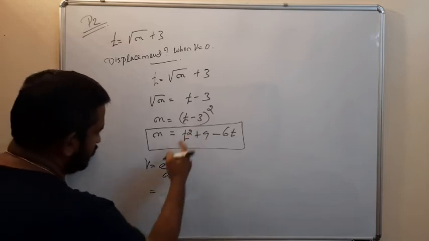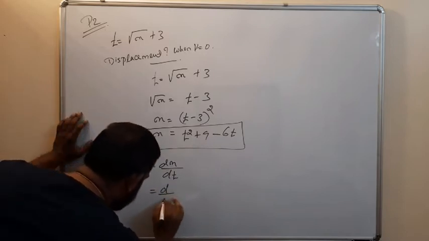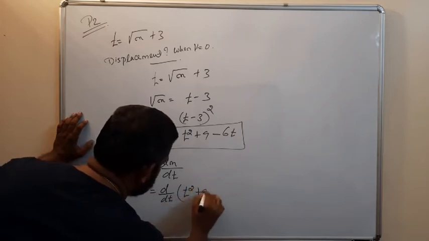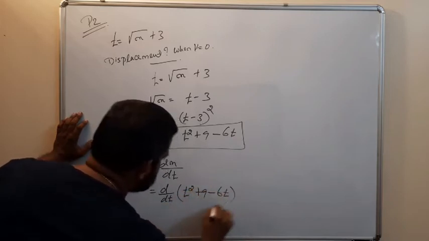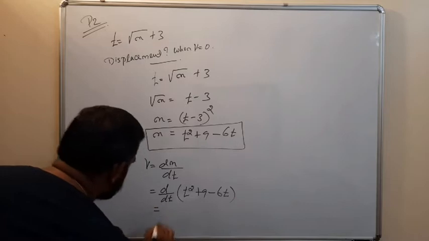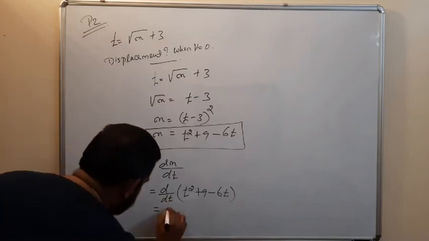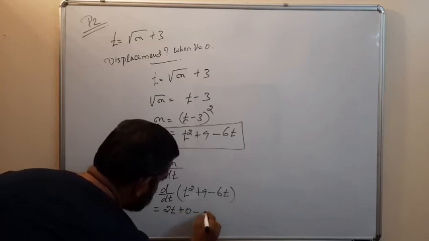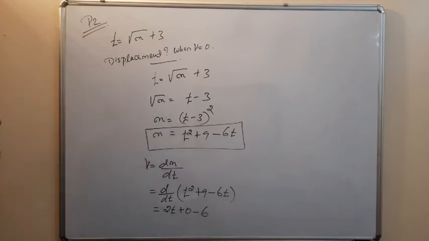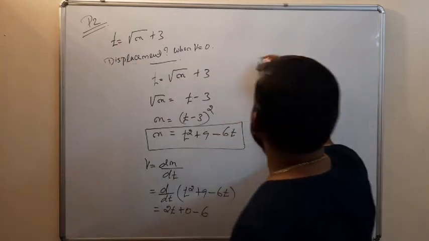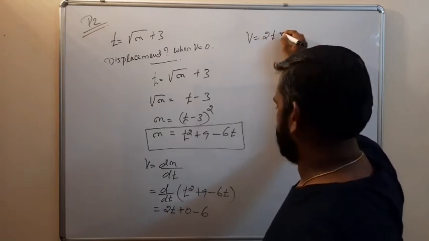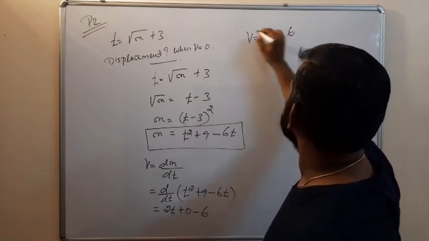That is d by dt of t square plus 9 minus 6t, which is equal to 2t plus 0 minus 6. So velocity is equal to 2t minus 6.